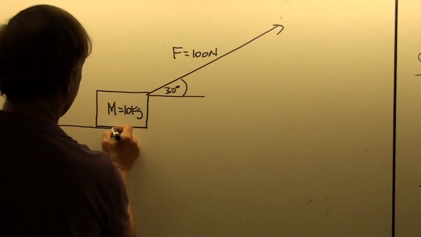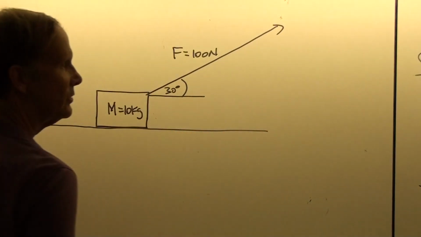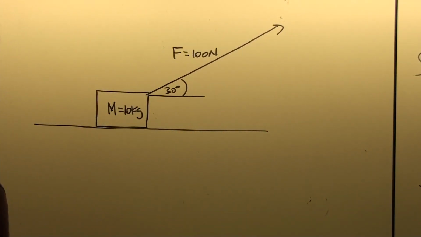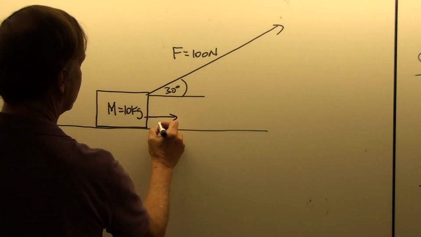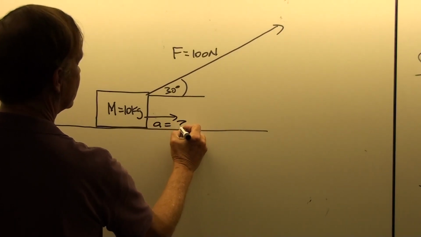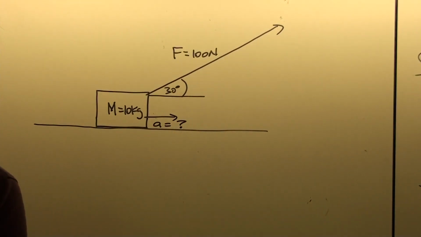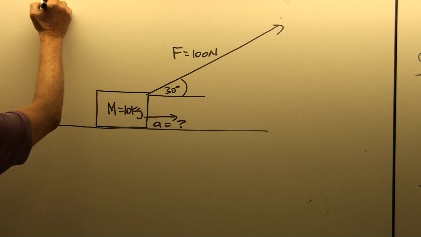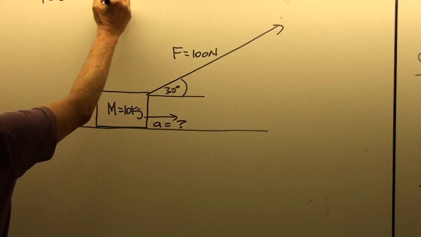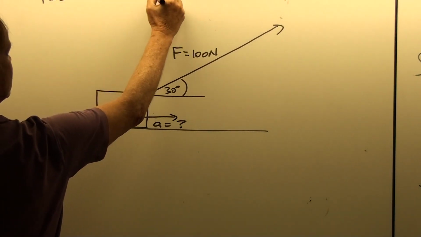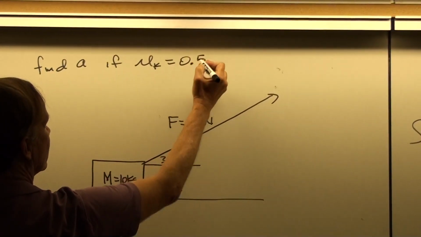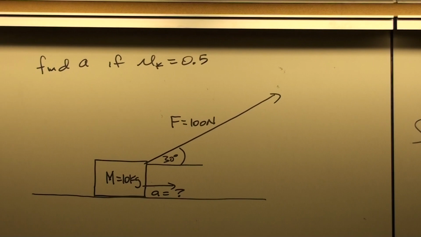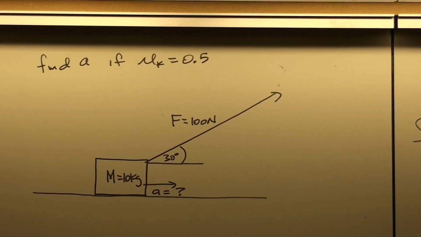And let's allow this mass to be pulled along the surface of this table with an acceleration a that needs to be determined. So we want to find the acceleration if the coefficient of kinetic friction on the surface, again, is 0.5. Okay, so that is our problem.